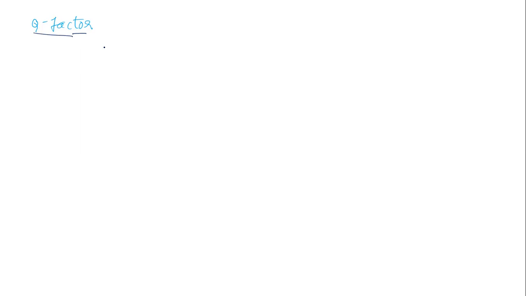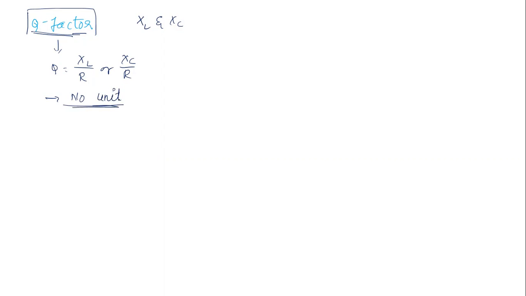It is basically varying the value of XL and XC, and with the help of Q factor we decide that. Q factor is defined as either XL by R or XC by R. It is the ratio of the same type of quantity, so it does not have any unit. For Q factor, there is no unit at all.